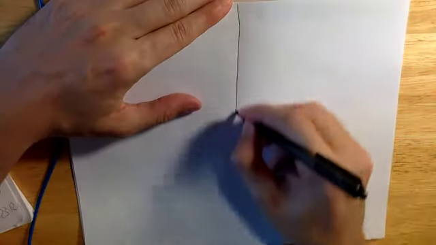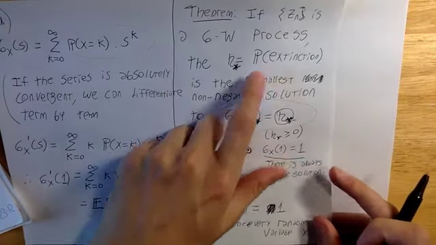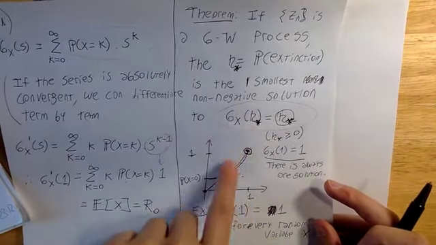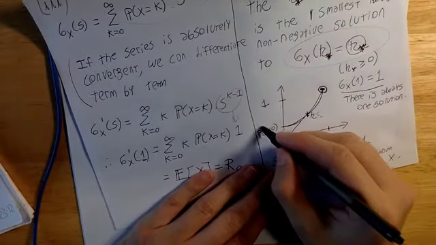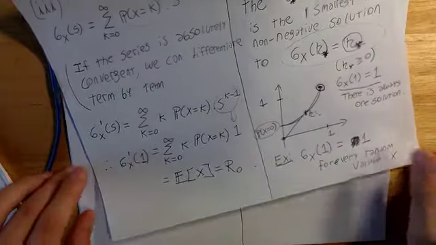Okay, so what are we saying? So what we checked from the theorem is that the probability of extinction is the smallest non-negative solution to this problem. So one of the things is that we are going to assume that the probability that nobody gets infected is actually positive. Okay, so what do we have? We have the proof.